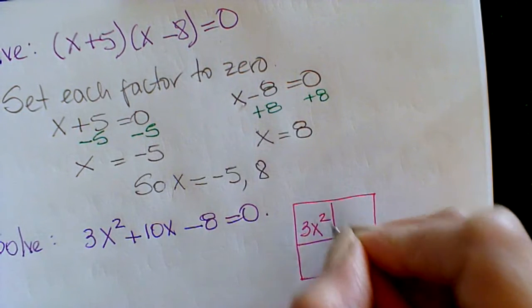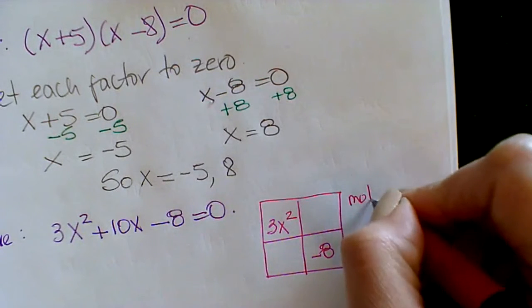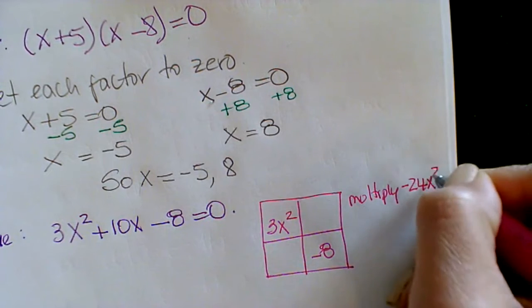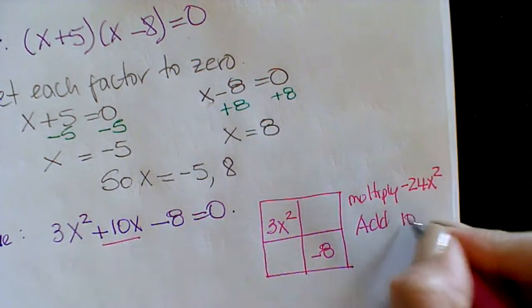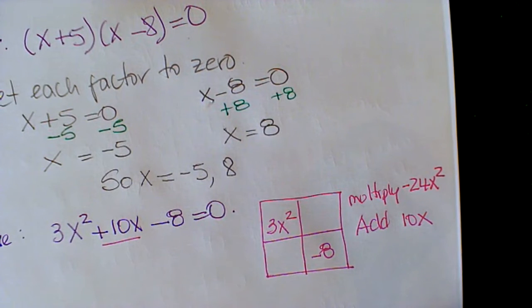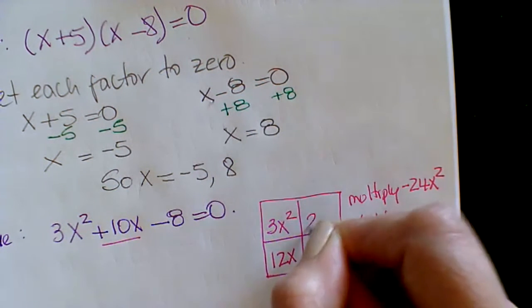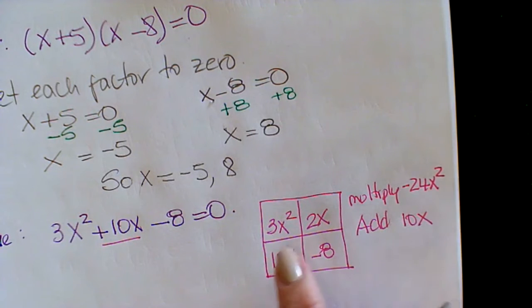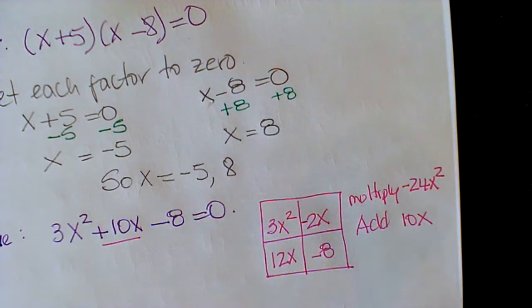First term goes here, the last one goes down here. When we multiply, it's going to be negative 24x squared, and when we add, it's going to be 10x. So those two numbers are going to be 12x and 2x. When I multiply, I need to get negative, but when I add, I need to get positive. So the 2 is the one that is going to be negative.